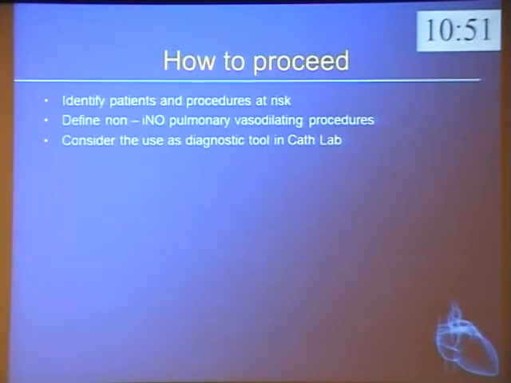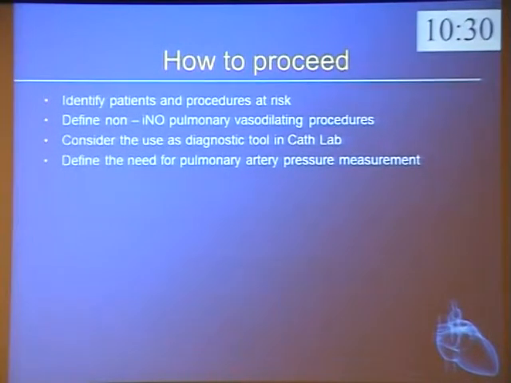So how to proceed, which is our strategy, is first of all to identify the patients and the procedures at risk. We define strictly those patients who are not allowed to receive nitric oxide or pulmonary vasodilators for their pathologies. Consider the use as a diagnostic tool in the cath lab, obviously.